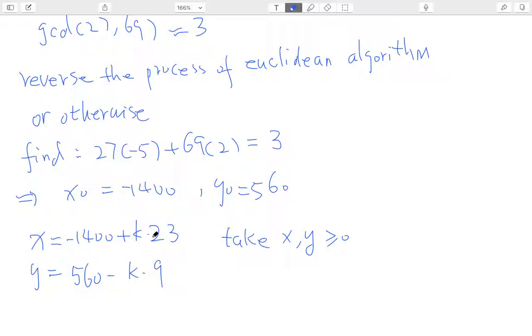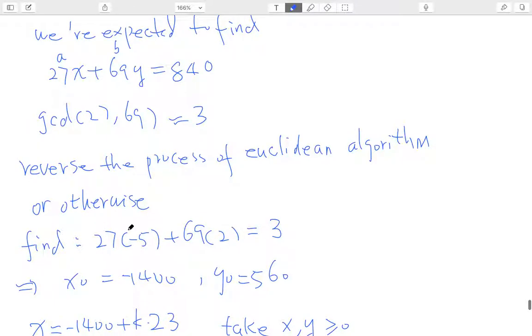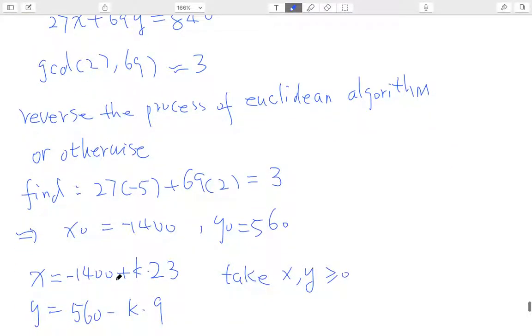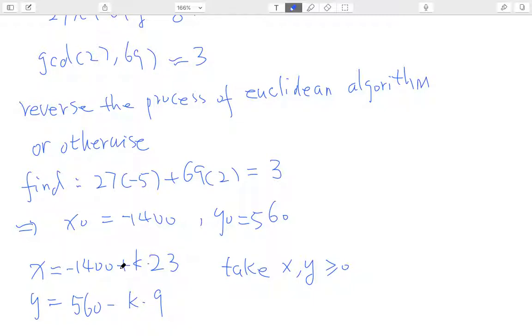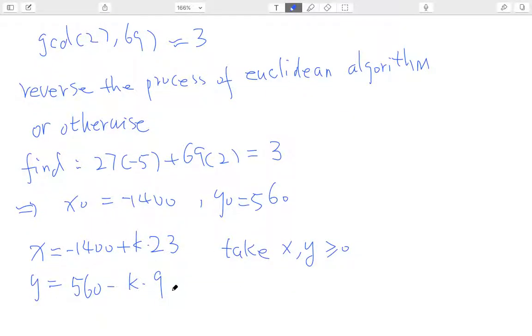This 23 comes from 69 divided by 3. And the same for this 9. And then you just take x and y. They are all greater than or equal to 0 because of the amount you bought. And then the question has been solved.